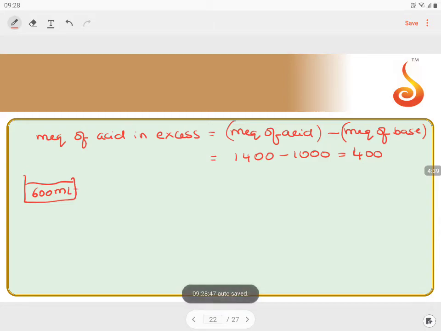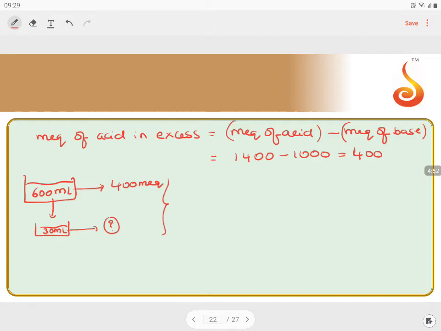In 600 ml you have 400 milli equivalents. But if you have taken a small amount, 30 ml, how many milli equivalents will be in this?